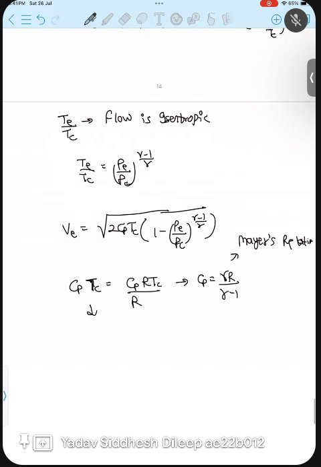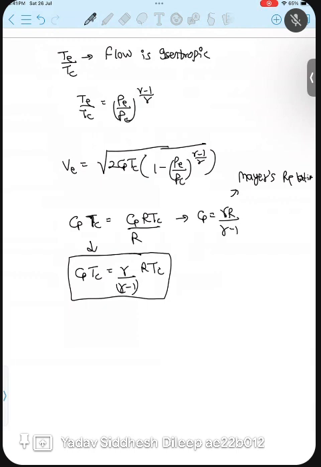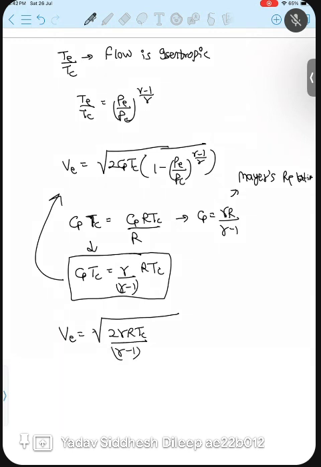Then you get Cp Tc as gamma upon (gamma minus 1) into R Tc. Just check the derivation. Then you substitute this here: V exit equals the square root of 2 gamma R Tc upon (gamma minus 1) into (1 minus (P by Pc) raised to (gamma minus 1) by gamma).